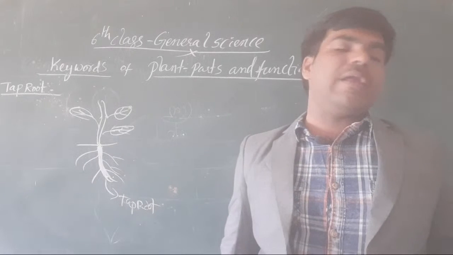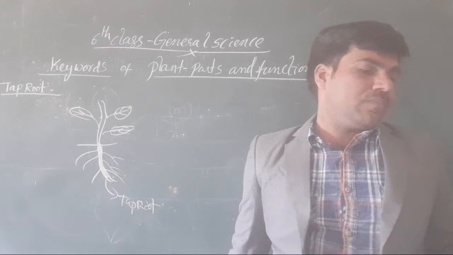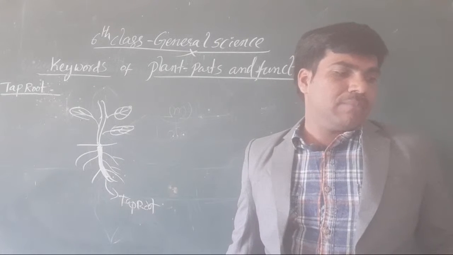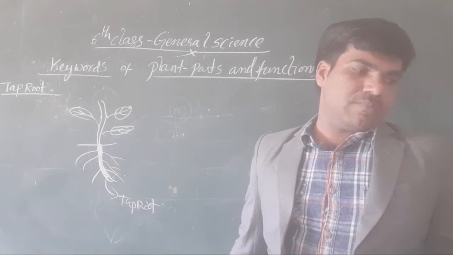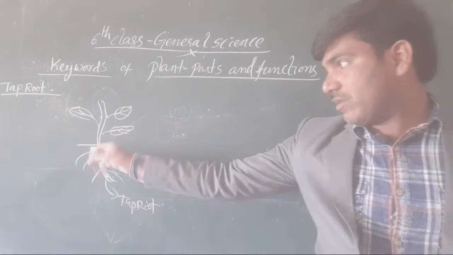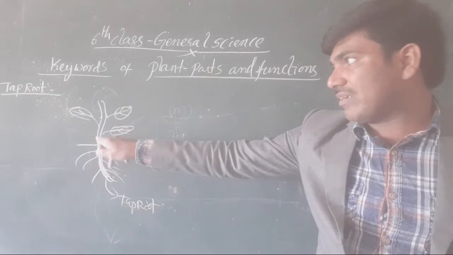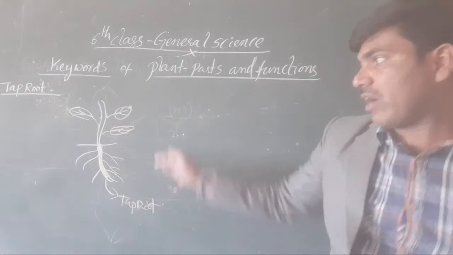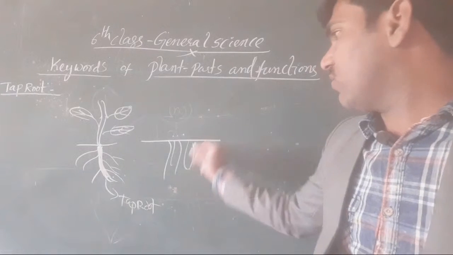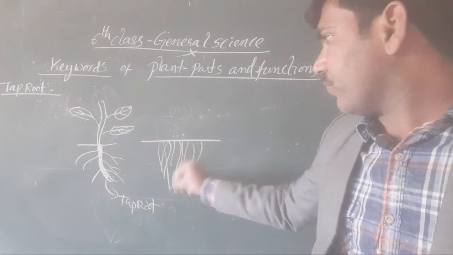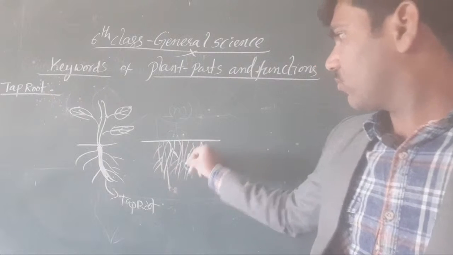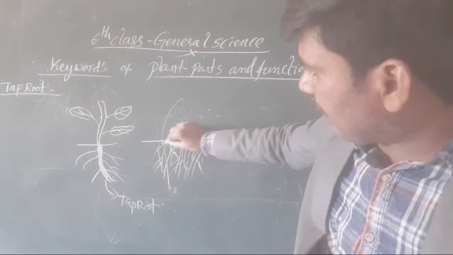Which one is called the fibrous roots? The type where the roots come from below the plant, below the earth, in the form of hair. Clear or not, all of you? Like these things are there for the plant.